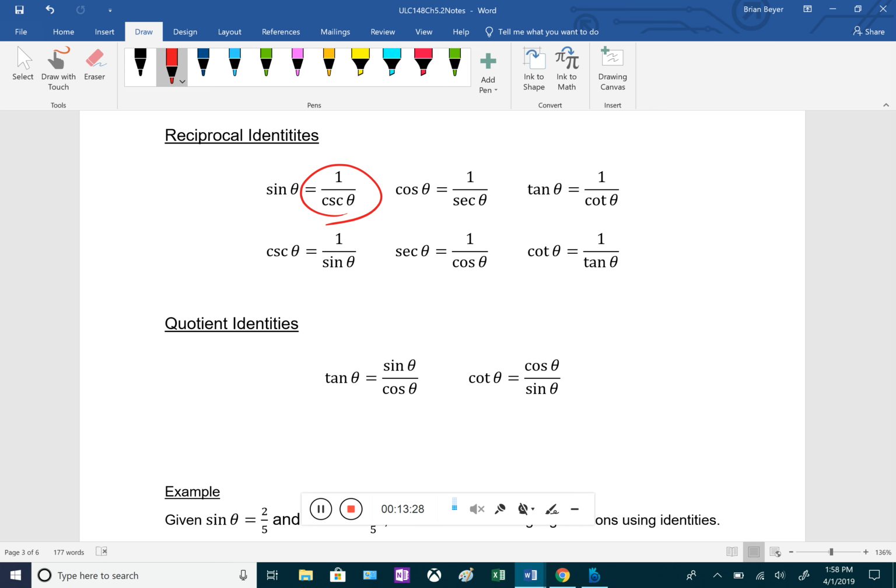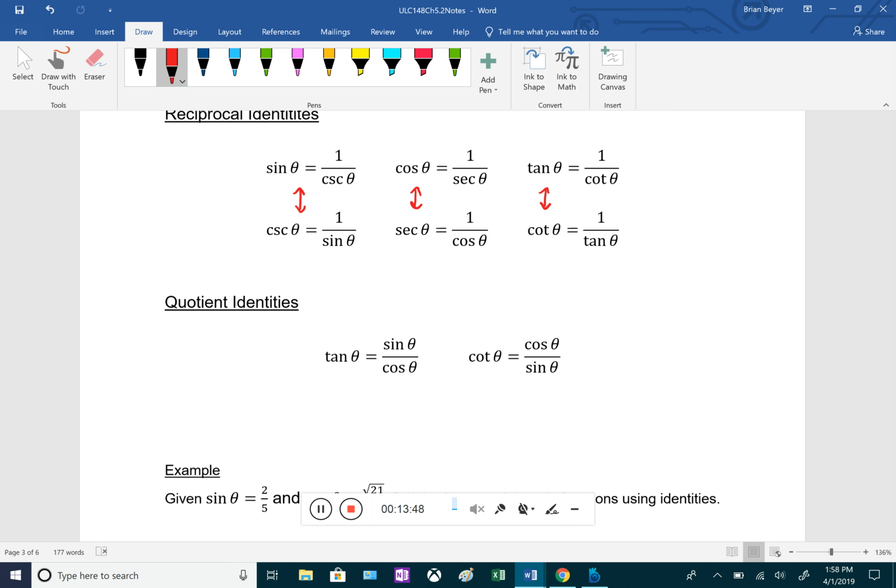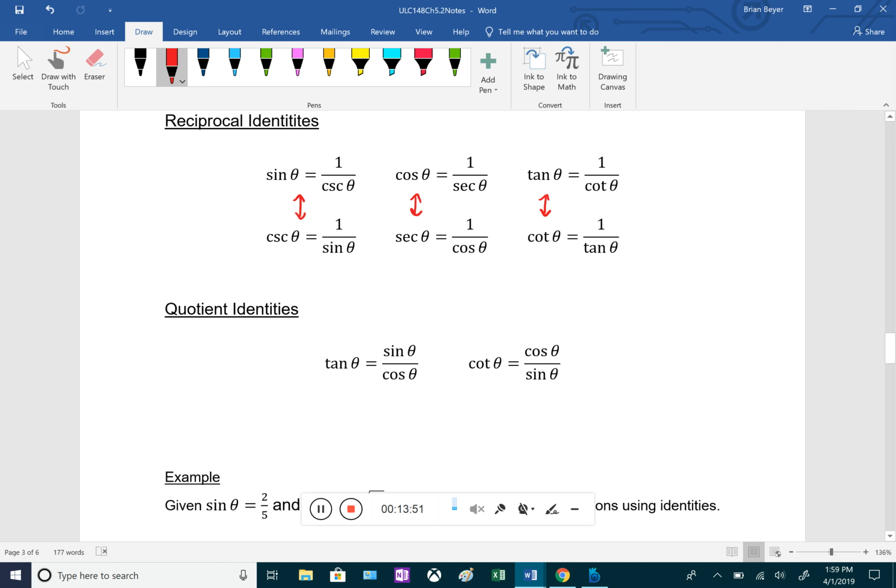It's essentially 1 divided by the value. So sine and cosecant are reciprocals, which is why I wrote them right above each other. Cosine and secant are reciprocals, and tangent and cotangent are reciprocals. So you can definitely use that shortcut to help you do the ones, for example, that we just did.